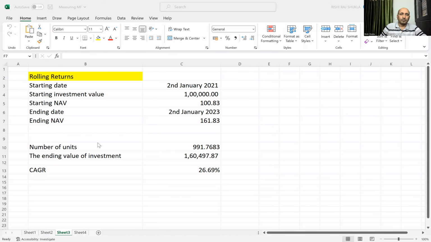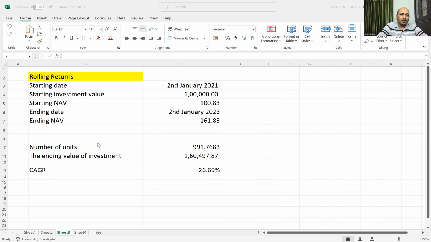So let us share our screen. Let us suppose there is one particular scheme of a mutual fund where you have invested. The starting date of investment is 2nd January 2021. This is only for explanation.